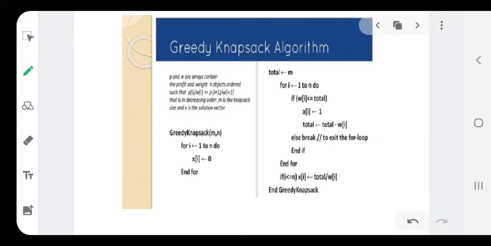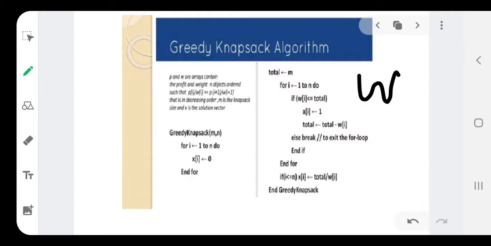So this is an algorithm for the knapsack problem using the greedy approach. In this algorithm, Pi contains the profit of item i, where i is between 1 and n. Wi represents the weight of the item, Xi is the solution vector, and capital W represents the size of the knapsack.